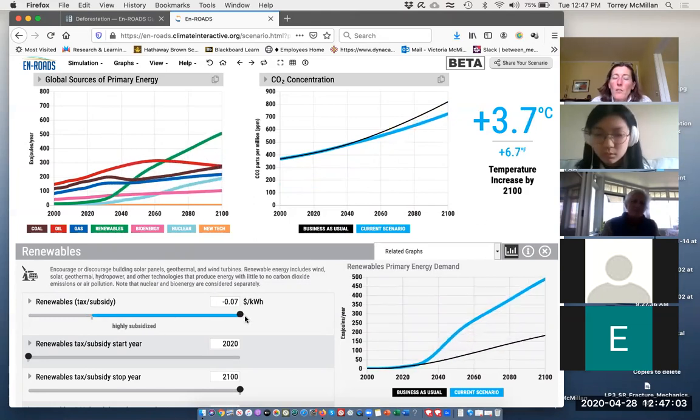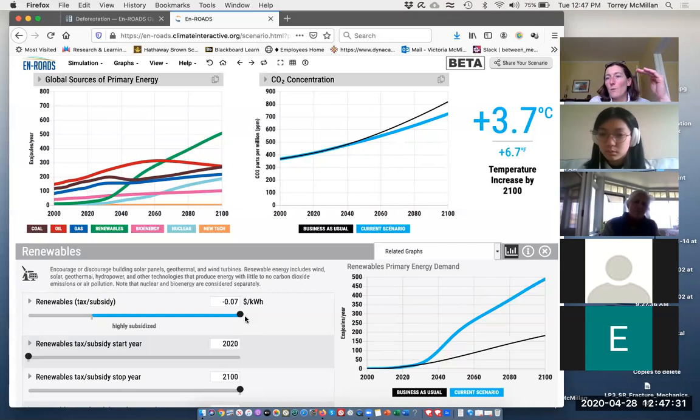One of the things that they mentioned in the background dynamics on this was that if you're subsidizing both renewable and nuclear, then the two become competitors with one another, and you actually don't get the sum total. Like if you just did nuclear or you just focused on renewable, let's say it drops the temperature by 0.6 degrees for each one of those.